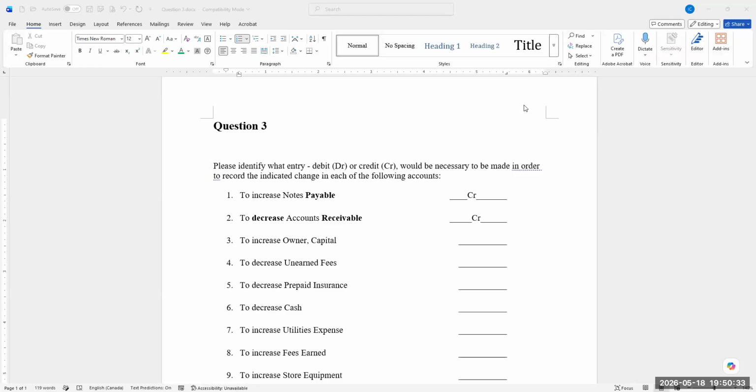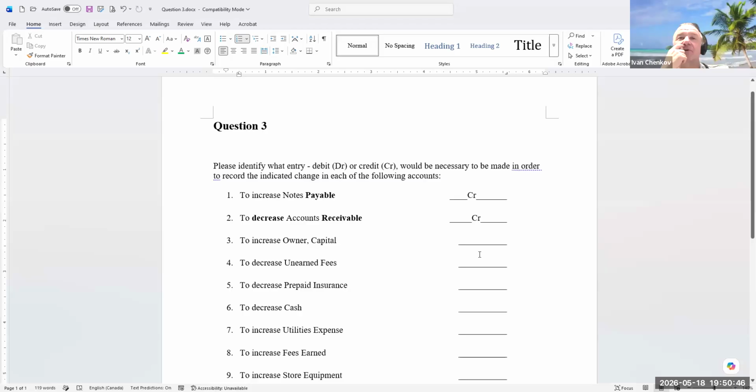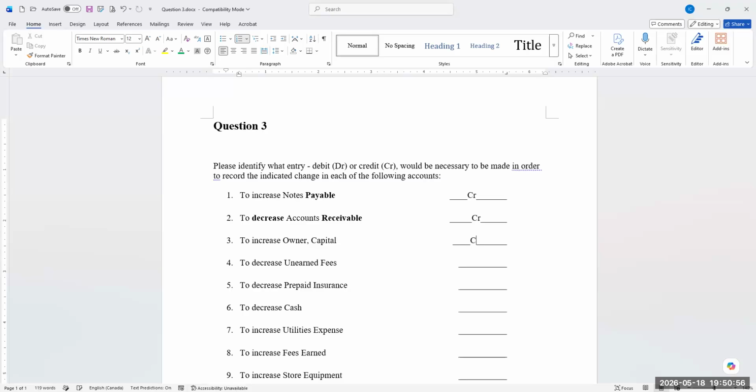So now when you open that Excel spreadsheet on the second worksheet on the bottom, let's go. Owner's capital. That's the equity account. If I want to increase the owner's capital, on which side should I increase it, debit or credit? Credit.